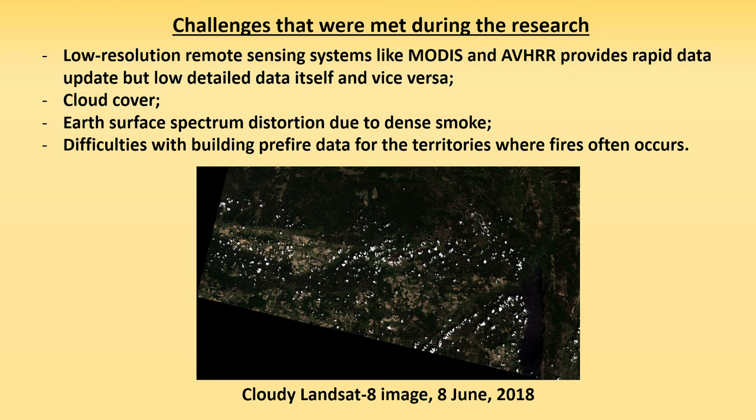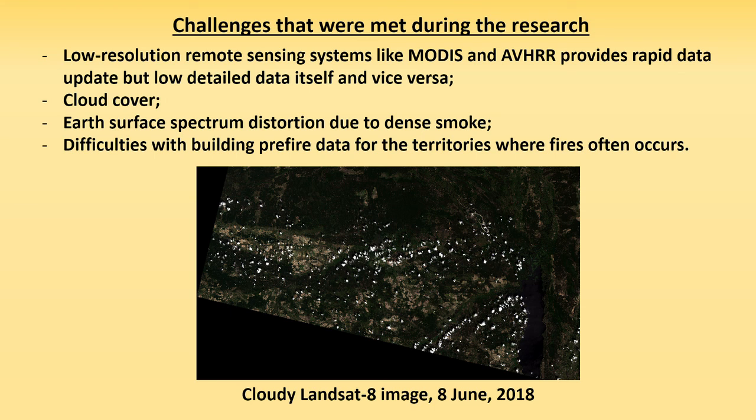The described approach meets many difficulties related to a large variety of factors. Firstly, as mentioned earlier, for today it is impossible to promptly derive highly detailed satellite data because of mutual exclusion of these features of images. Secondly, dense cloud cover, haze and smoke hinder deriving correct and clear satellite data.